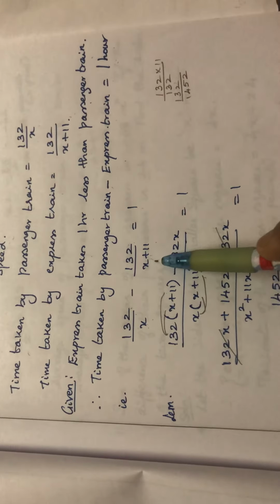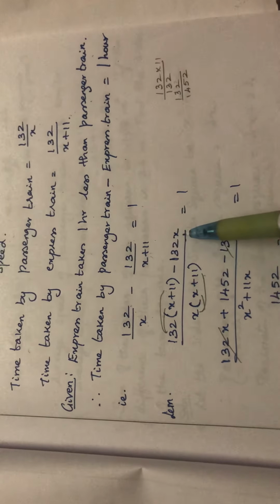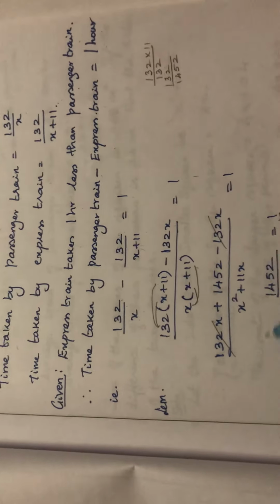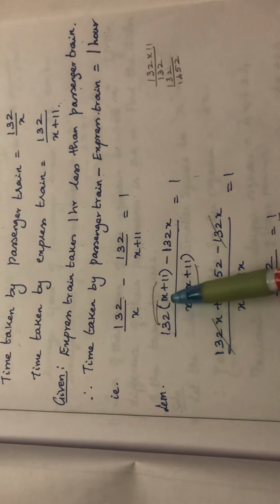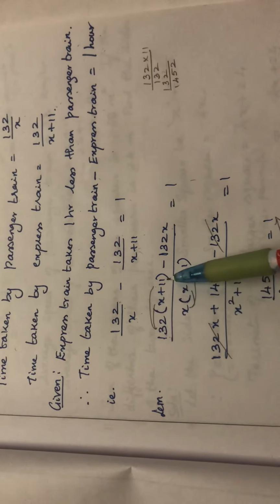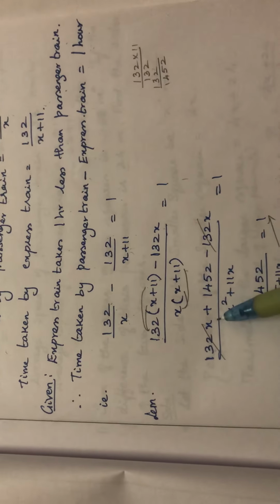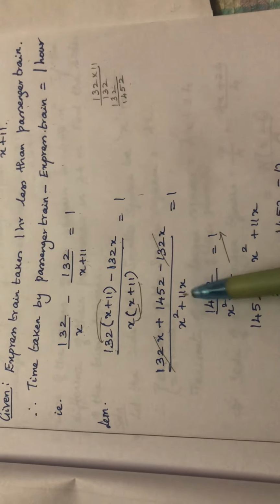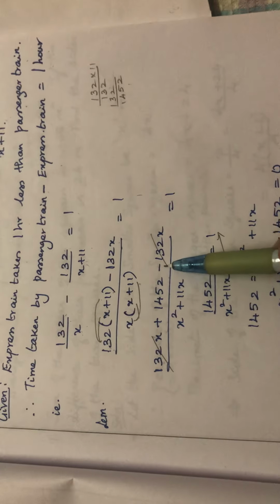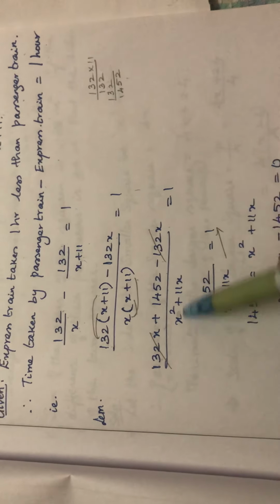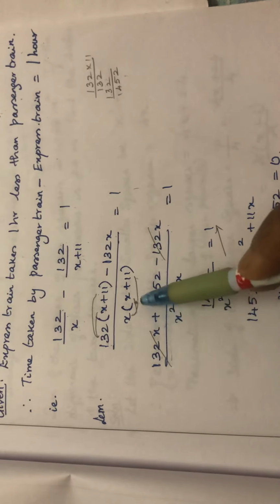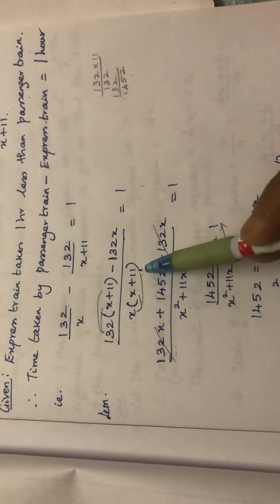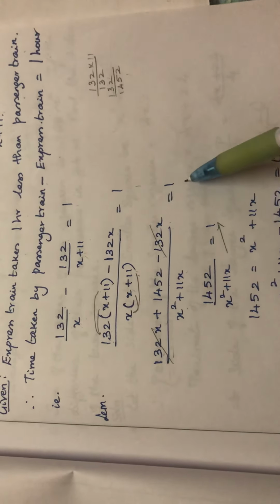132 into (x plus 11) minus 132x equal to 1. Now normal simplification: 132 into x, 132 into 11. So you will get 132x, 132 into 11 will give you 1452. So 1452 minus this 132x divided by, here multiply, x into x is x square, x into 11 is 11x, equal to 1.